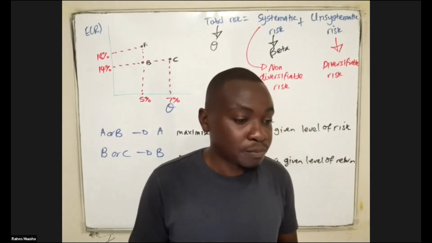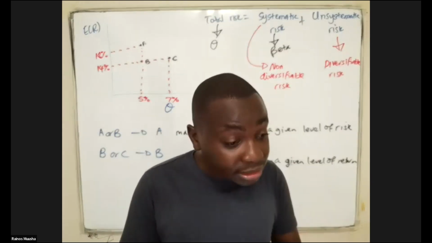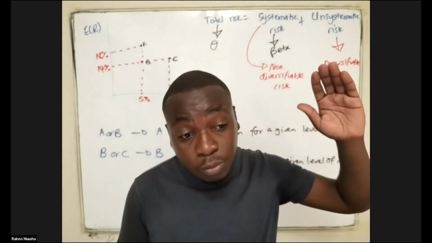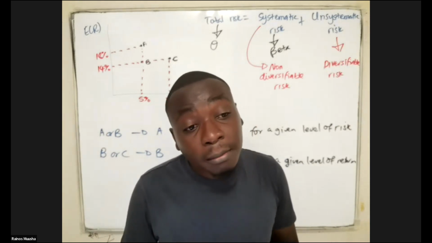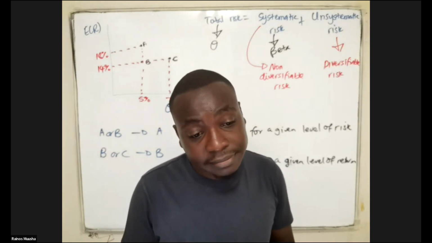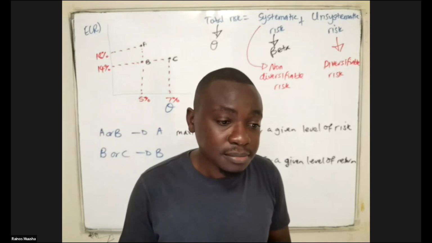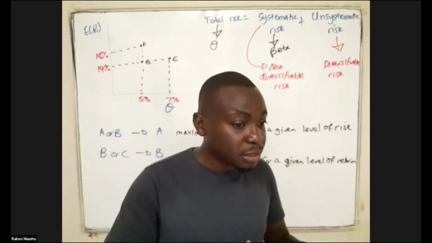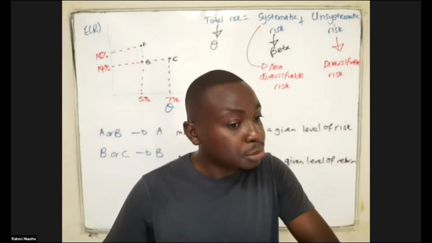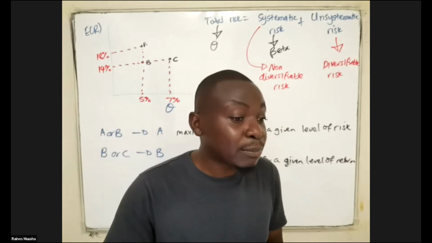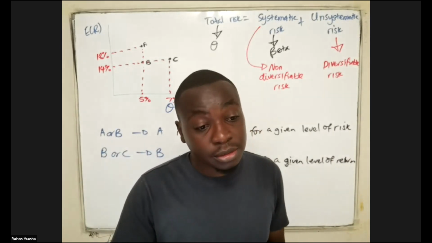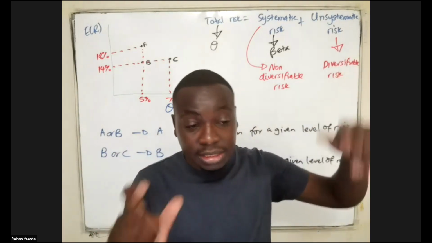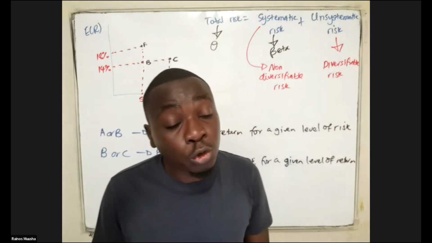Remember, for market risk, expect a long calculation that you need to do for a very small mark allocation. If you look at past papers, I'm not saying do the past papers, but as we go through the different concepts, if you look at the type of related questions that have come in past papers, you see that for some of the concepts you do a lot of calculations, but the mark allocation is very small.